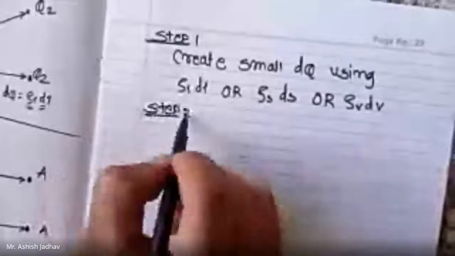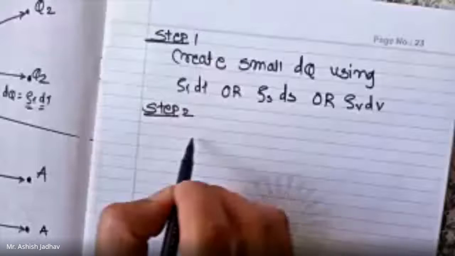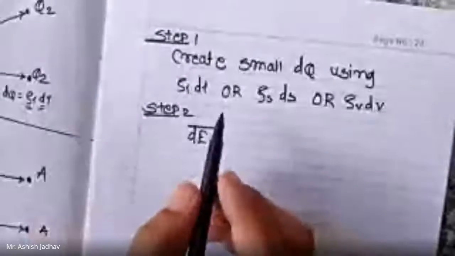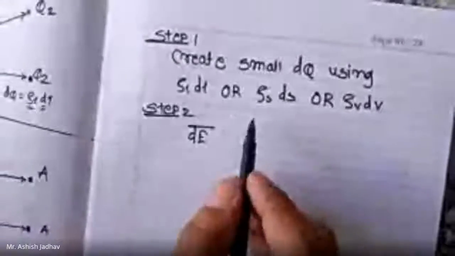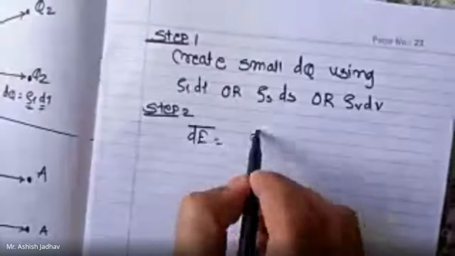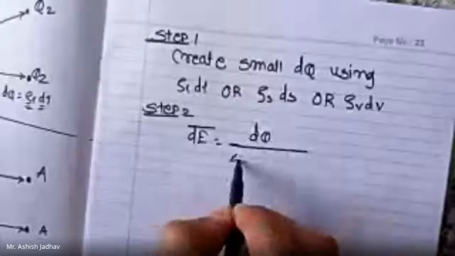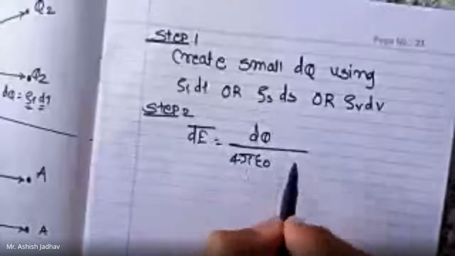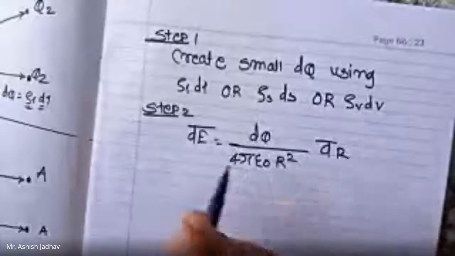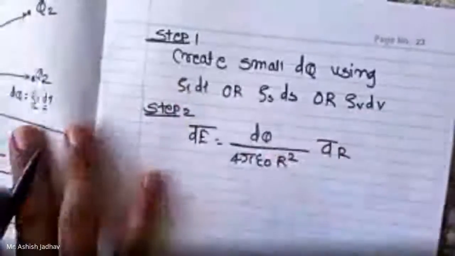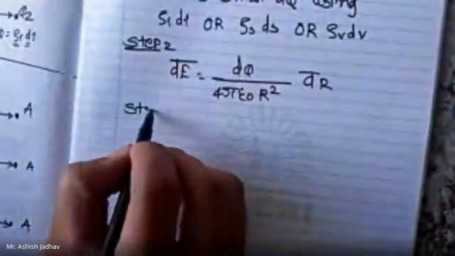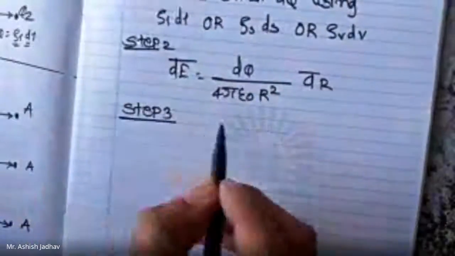Proceed for this step 2. Step 2 is use the equation to find the differential electric field intensity. So dE bar is equal to dQ upon 4 pi epsilon naught, the rest of the things are the same, A bar R. Once you get this differential electric field intensity, you can proceed to step 3.